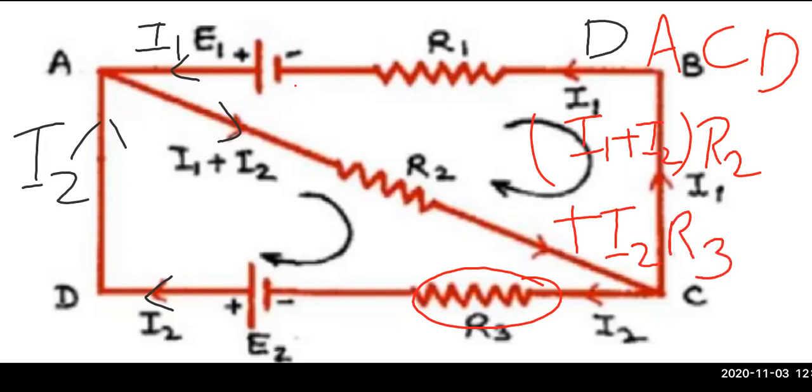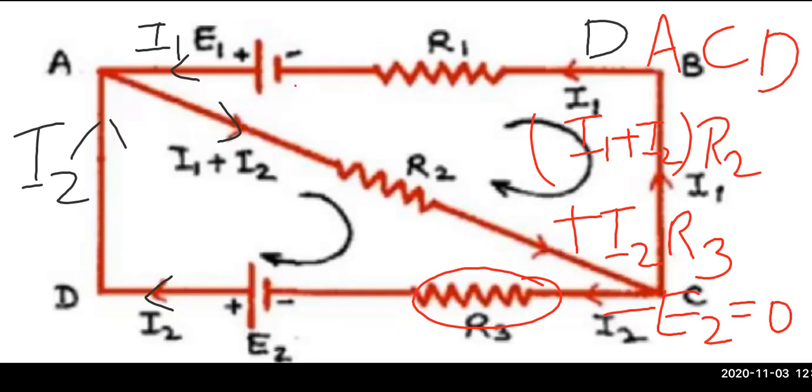I don't think there is any doubt on this. Then we are going to cross the cell, moving from negative to positive. What was the first sign? Negative. So it will be minus E2 equal to 0. This is your second equation.